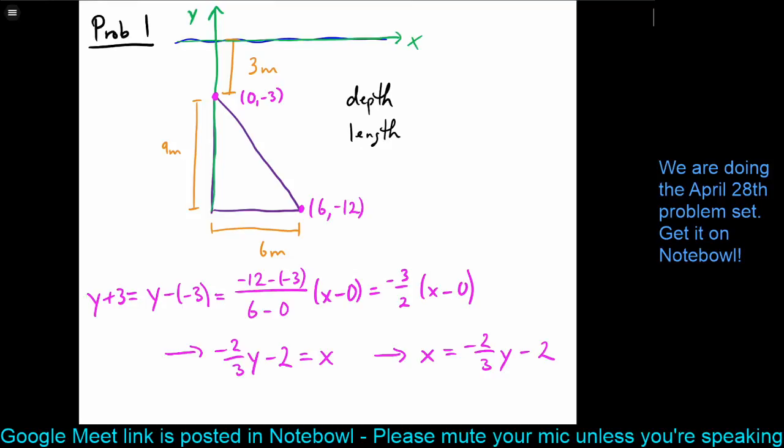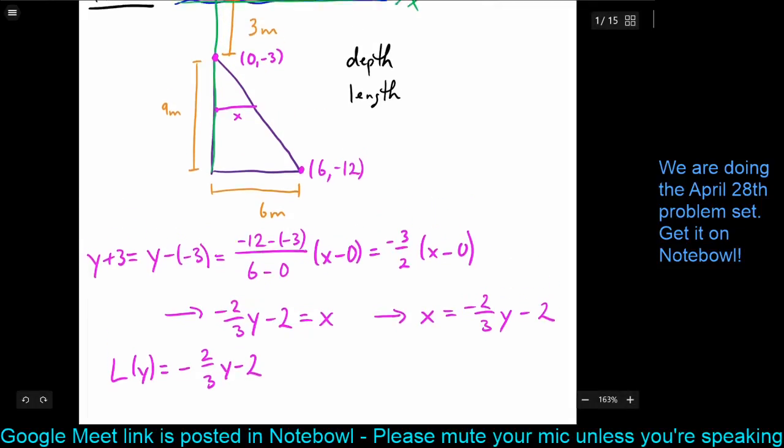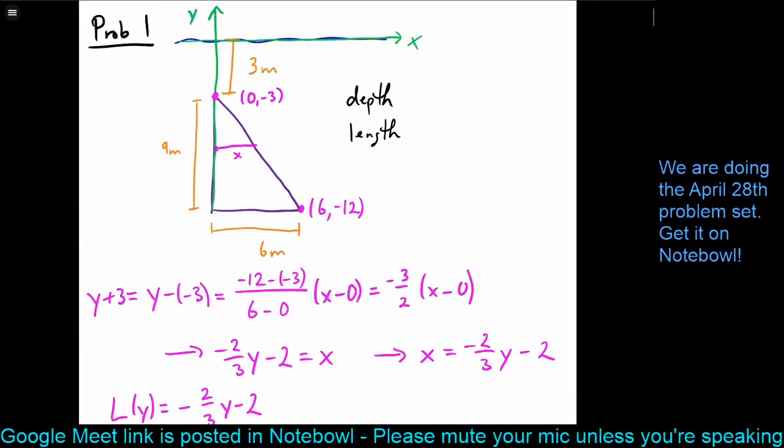All right. So the reason we want that is because this ends up being our length function. If we measure from here to here, this length is just x. So in other words, L of y, our length function, is simply going to be -2/3 y minus 2. Now we need to get the depth function.